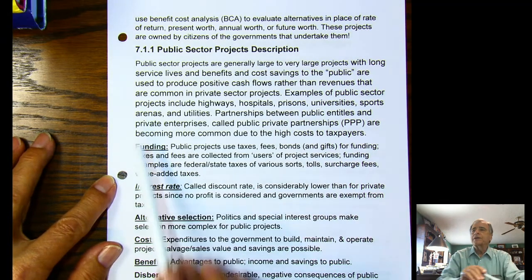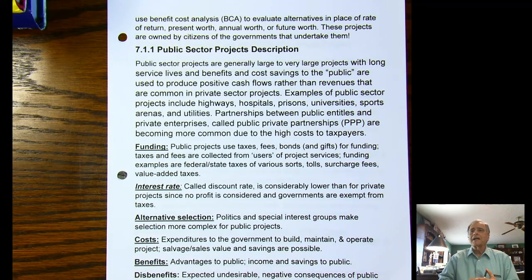Universities, sports arenas, Dallas Cowboys Stadium or the Houston Texans Stadium were built with government agencies, so to speak, and so money.